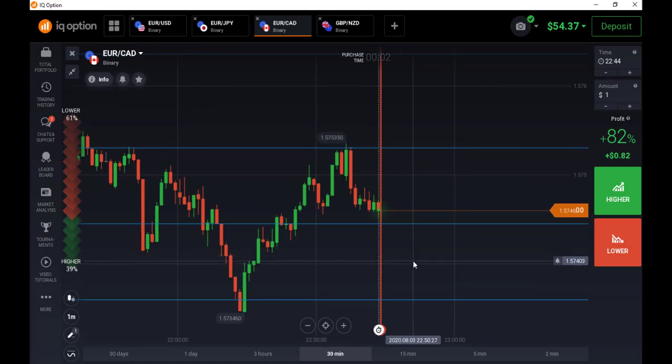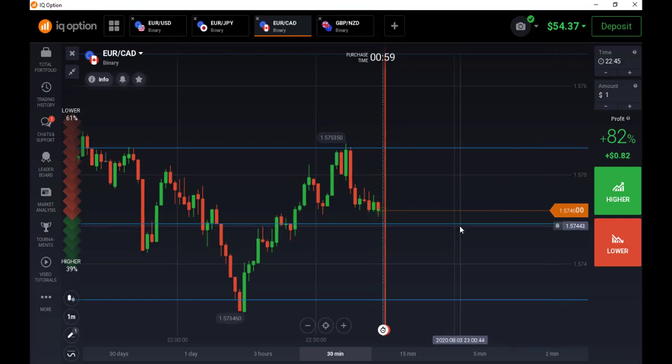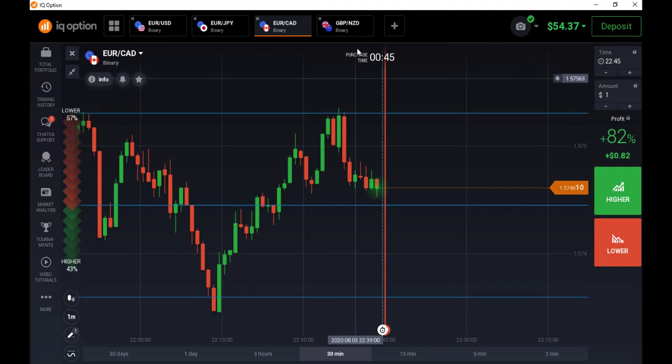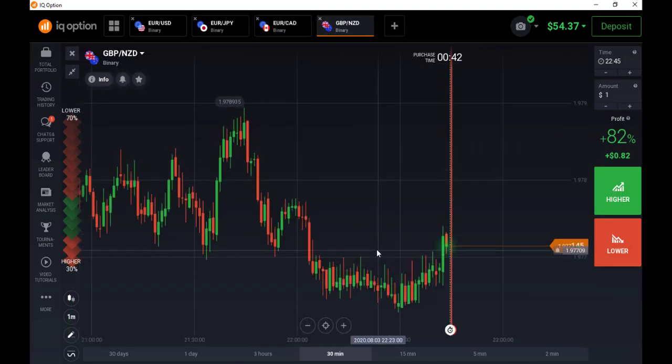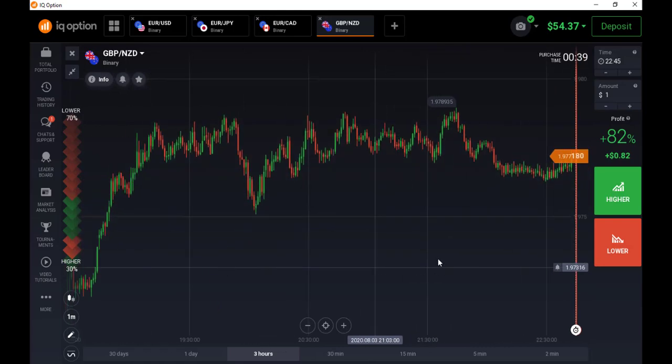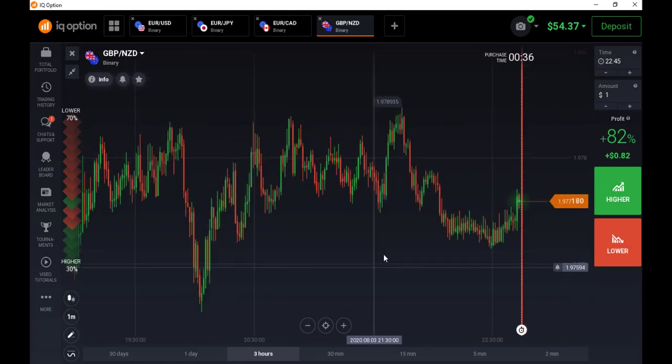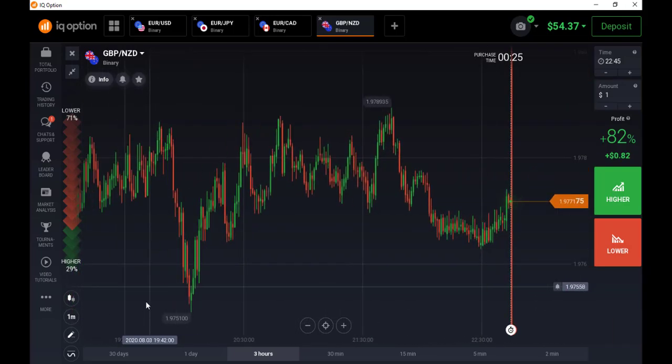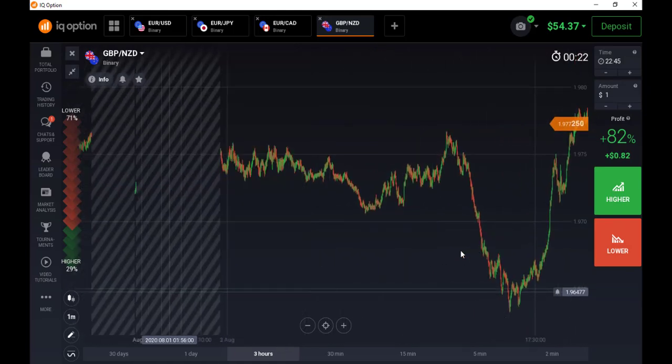And the return is 82%, which is not a very decent amount, but it's okay. Okay, this pair is also kind of sideways, which means I don't see any significant uptrend or downtrend, overall I don't see much.